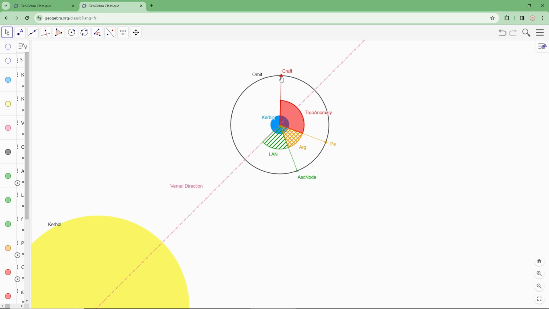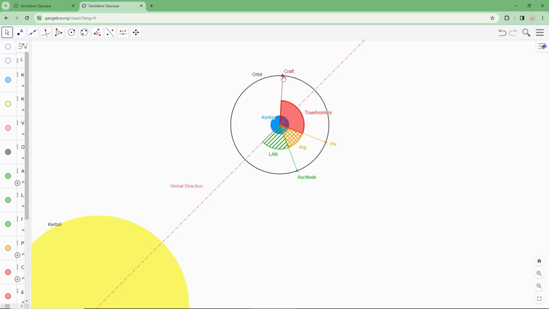Okay, so doing this, you can calculate the angle of the craft, but in terms of the vernal direction, because the vernal direction doesn't change. This can be your reference, okay, and you can calculate the angle with that reference. For that you just have to add the longitude of the ascending node, the argument of the periapsis, and the true anomaly.